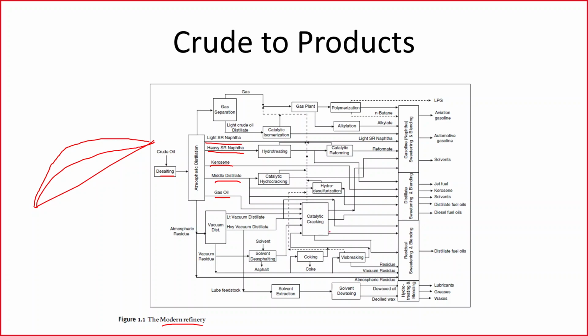In the end, what really matters is which product we are going to produce more, which unit we are going to force more, and how we are going to run each of these units. That is what we're going to see in this course. That's why we call it refinery optimization.